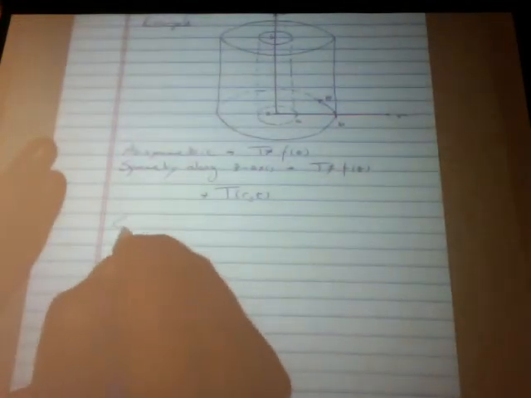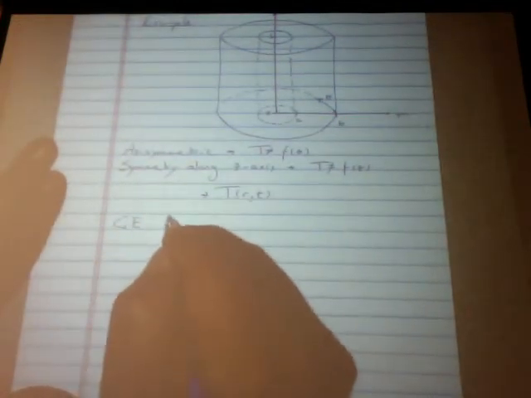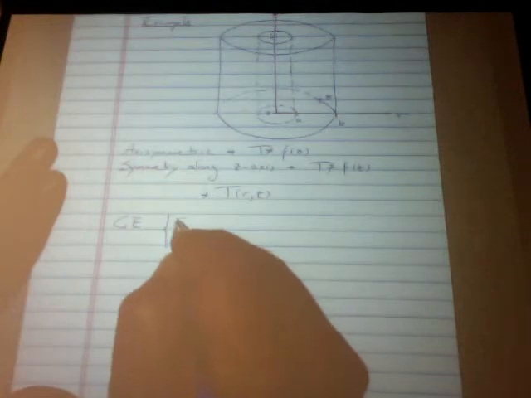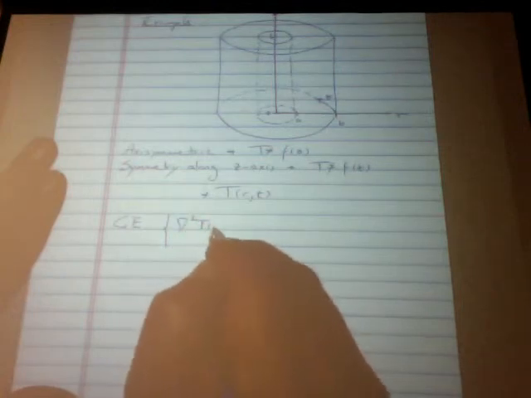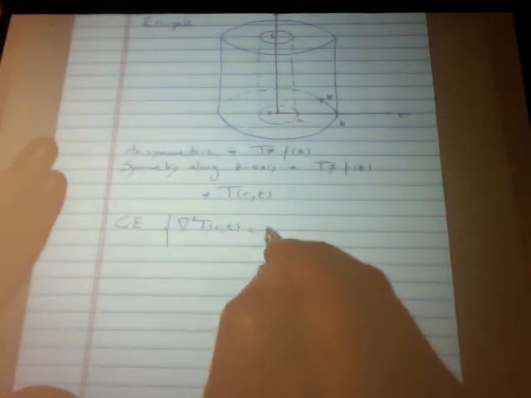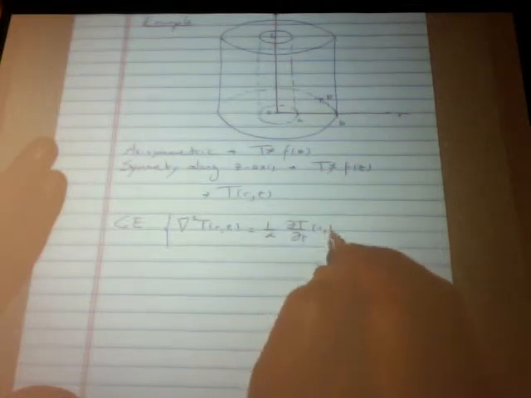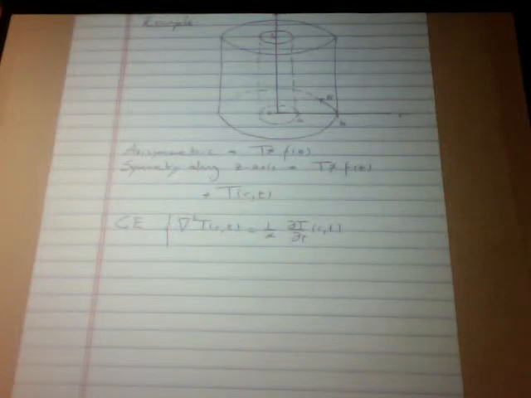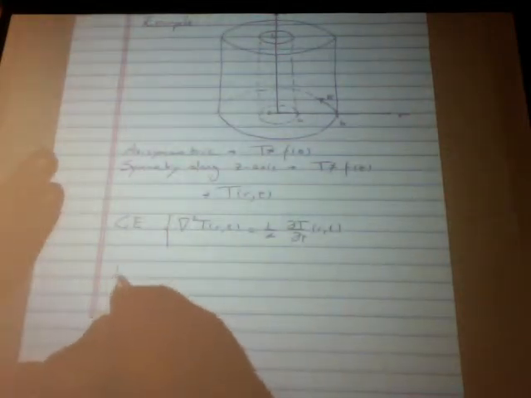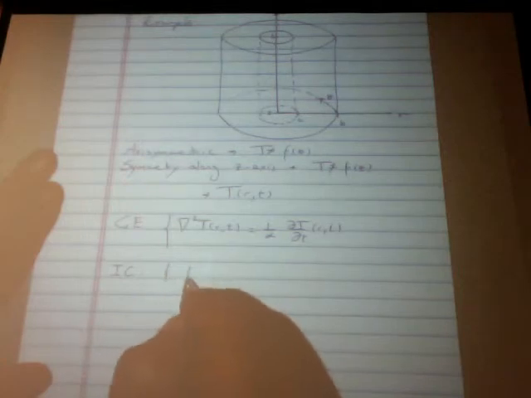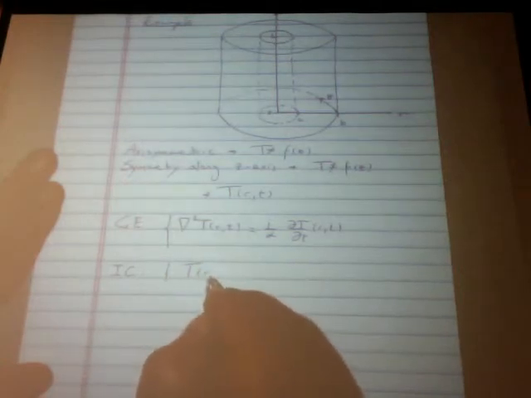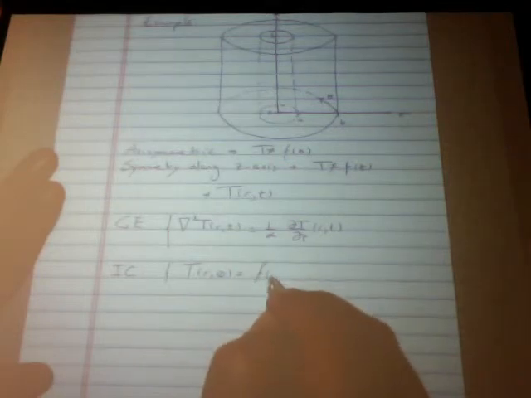The governing equation is the Laplacian of T of r and t equals 1 over alpha dT/dt of r and t. So we're looking at transient heat conduction or heat diffusion with an initial condition T of r and 0 is equal to some function of r.